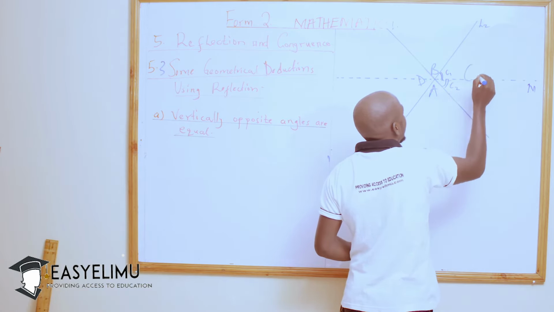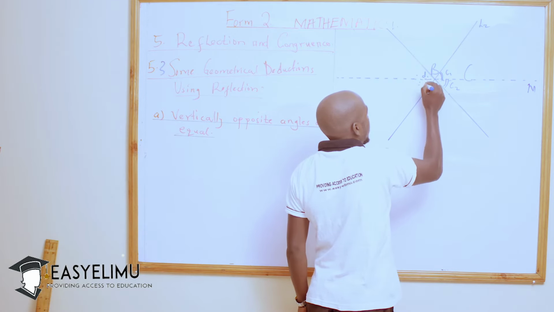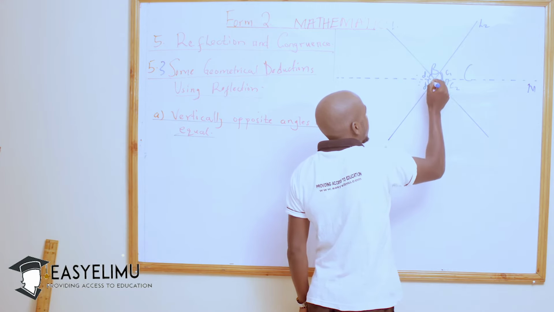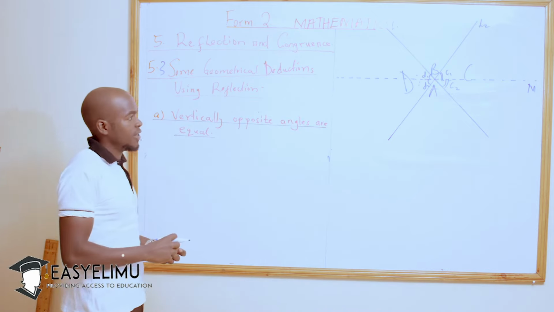But remember, all this is just angle C. The same applies to D. Let's say this one is D1 and this one is D2, but the whole of it gives you angle D, as we can see.